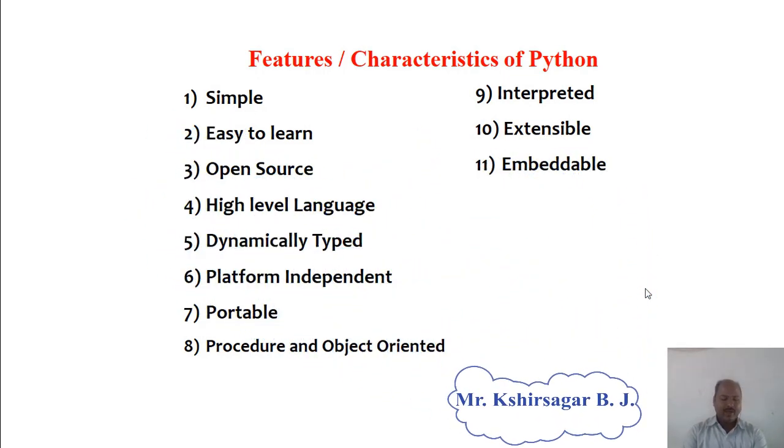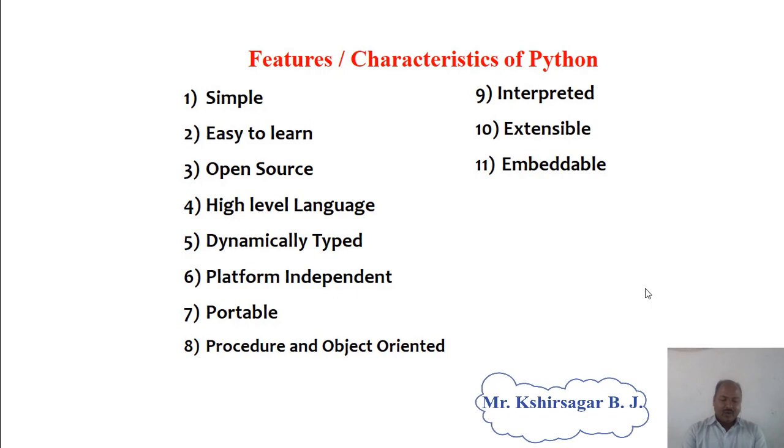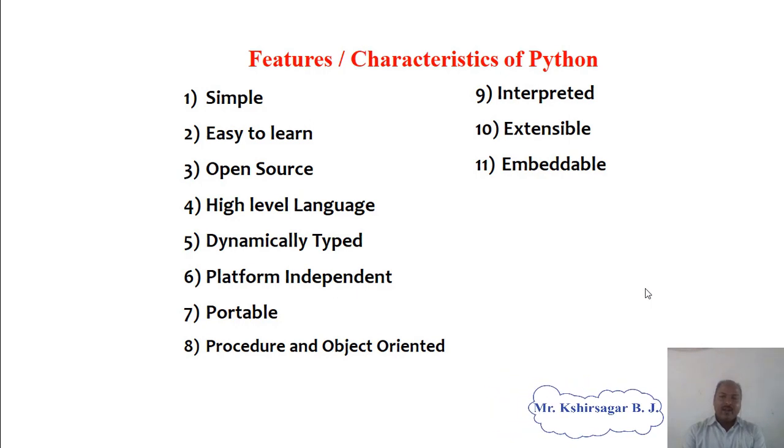So the next feature is embeddable. What is meant by embeddable? Similarly, we can insert Python programs into other programming languages. We have seen extensible, extending code from other languages into a Python program. Embeddable means Python code can be used within other languages. So we can insert Python programs into C or C++ programs.